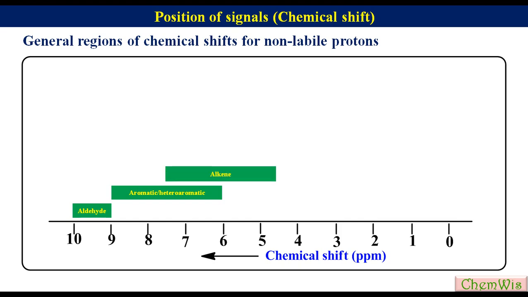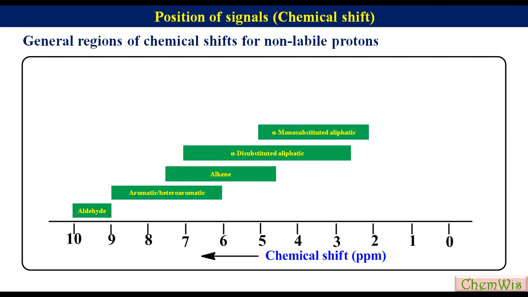Alkenic protons between 4.5 to 7.5 ppm. Alpha disubstituted aliphatic protons between 2.5 to 7 ppm. Alpha monosubstituted aliphatic protons between 2 to 5 ppm. Alkyne protons between 1.5 to 3.5 ppm.